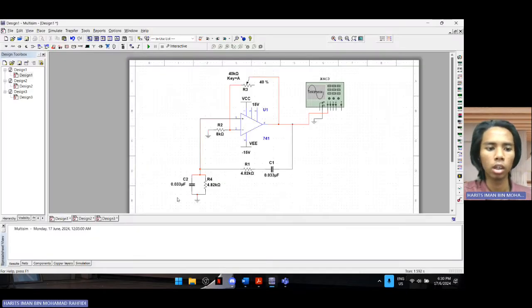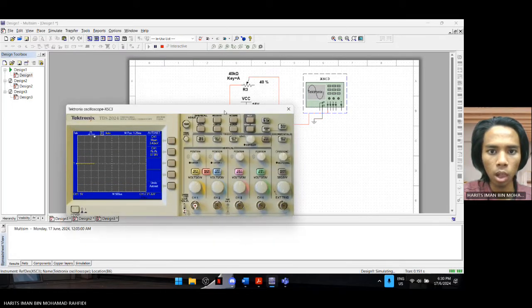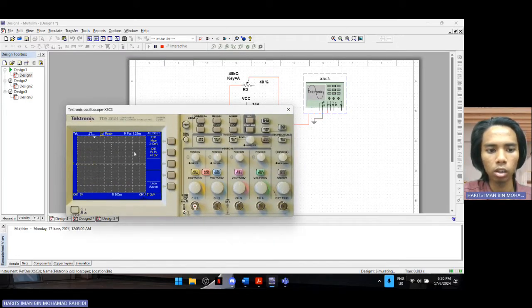Okay, let's see the circuit. This is the circuit for oscillator 1. These are the values of RA, RF, R and C capacitor. So let's run this. You can see here there is nothing on the graph, so we need to increase it.